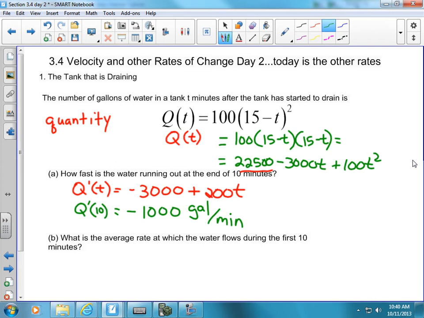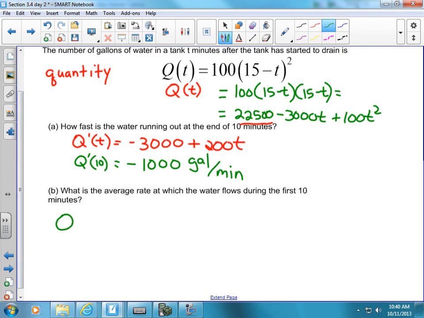The second question asks what's the average rate at which the water flows during the first 10 minutes. So we're going from 0 minutes to 10 minutes. So we're going to use our average equation, which is Q at 10 minus Q at 0, divided by 10 minus 0. So that's gallons per minute. All right?